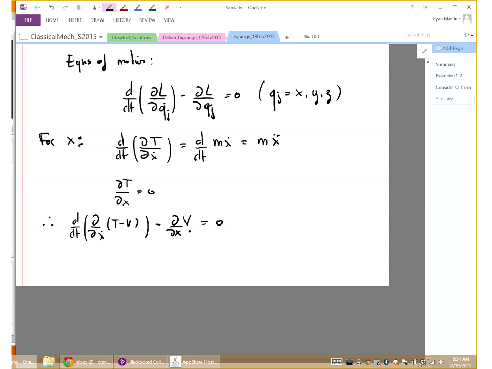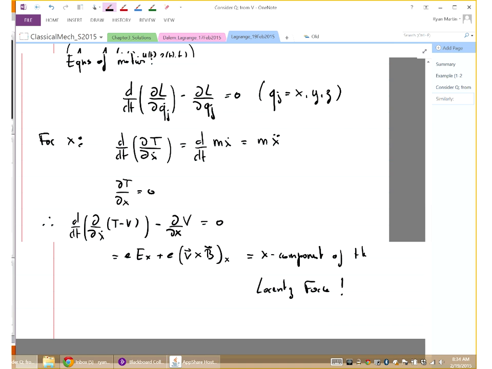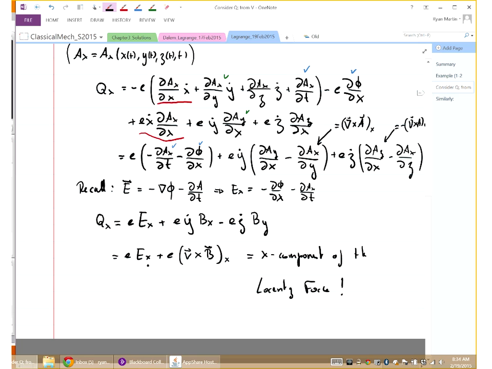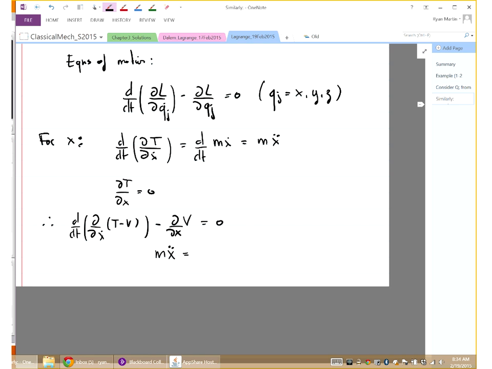And we've already evaluated the d/dt ∂/∂x dot of V and ∂/∂x of V. And so this will give us m x double dot equals the term that we have here, which is as expected.